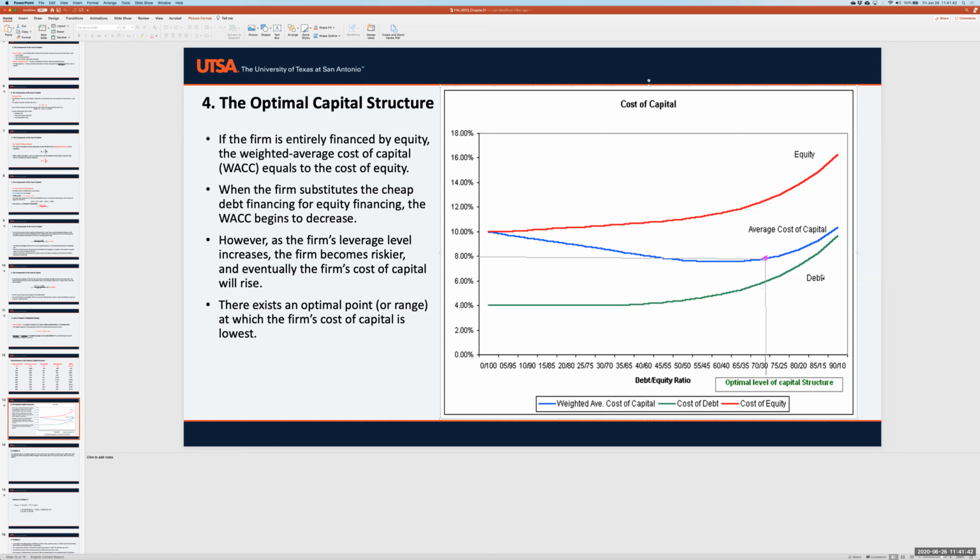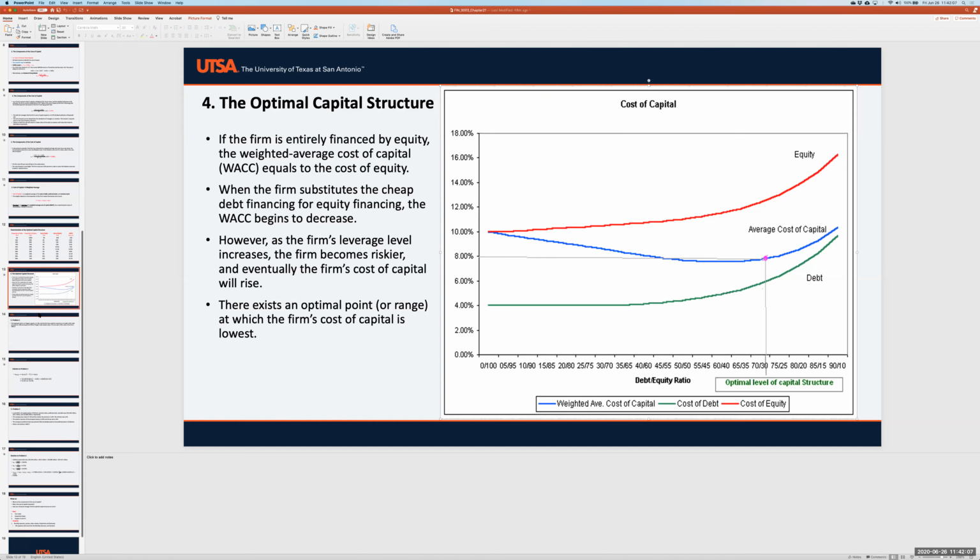The simple answer is, if the company only uses debt, the default risk gets higher and higher, and the cost of capital quickly jumps to a higher level. So it's better to use some amount of equity in order to reduce the default risk of this company. That's the simple answer to this question.